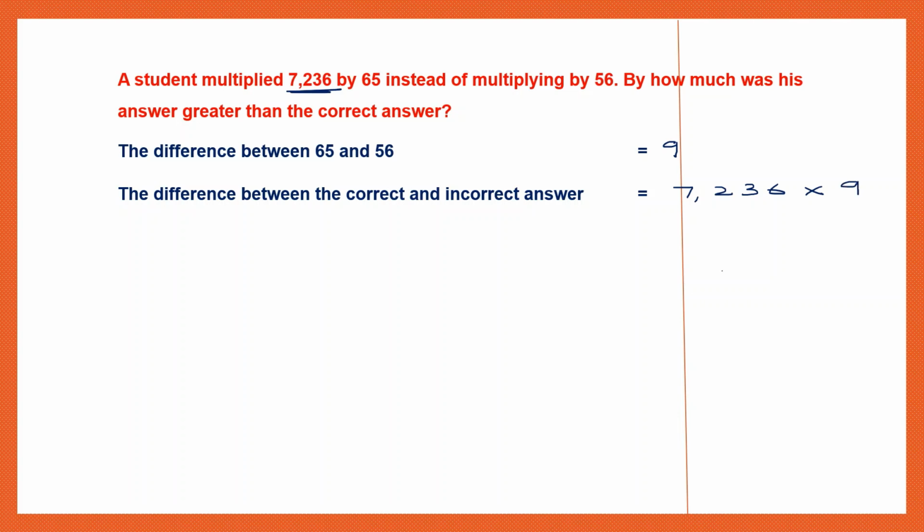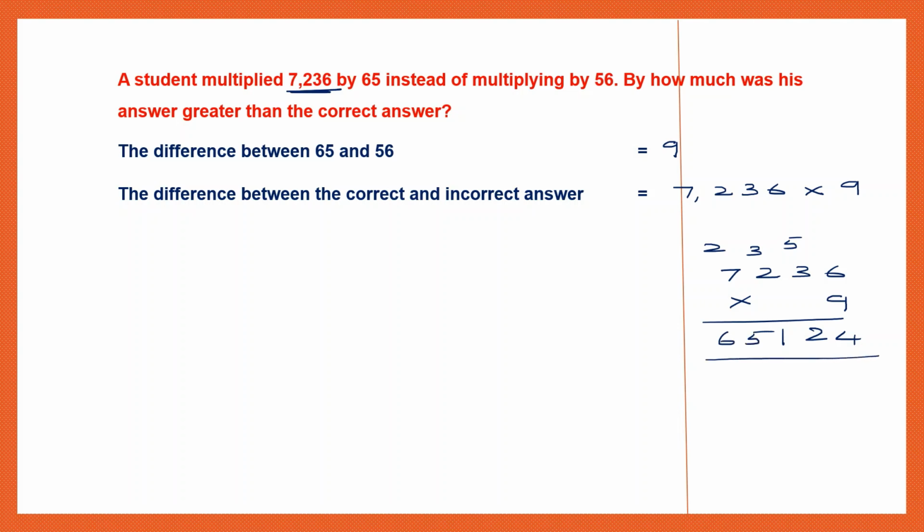So let's multiply and see. 7,236 into 9. 9 sixes are 54, carry 5. 9 threes are 27, plus 5 is 32, carry 3. 9 twos are 18, 19, 20, 21, carry 2. 9 sevens are 63, plus 2, 64, 65.